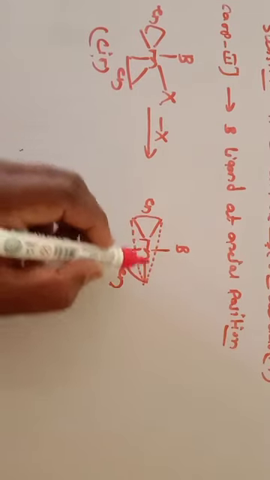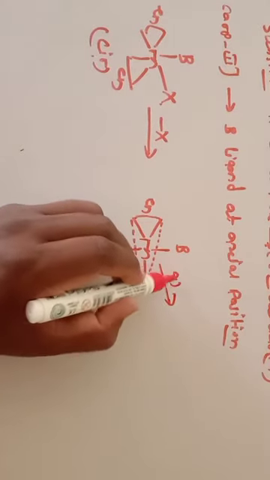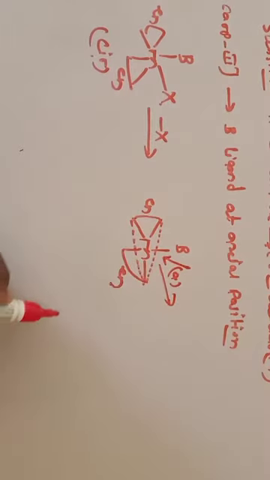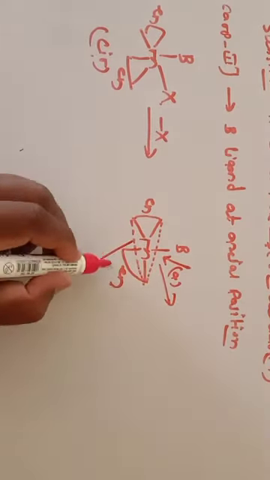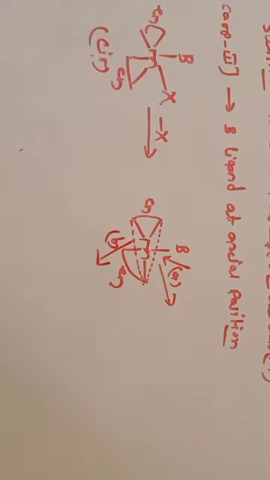So there are only two possibilities. This is your A possibility, that the incoming nucleophile attacks from this side, and the second possibility is that the incoming nucleophile attacks from this B side. And in both cases we get cis isomers.